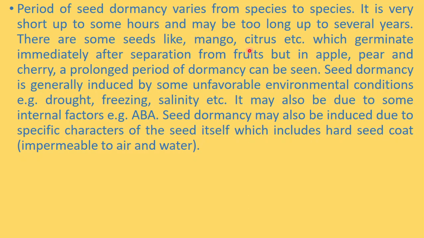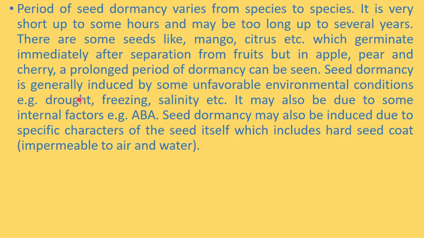So mango and citrus have very short seed dormancy, but apple, pear and cherry take a prolonged period to germinate because they have a prolonged period of dormancy.